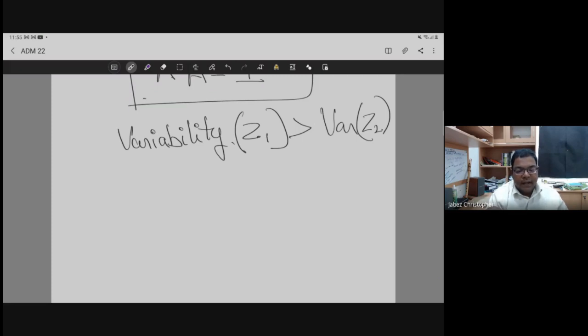When that mean and covariance of the data is not available, we take a sample of the data and calculate the sample mean and sample covariance. When you have huge data, you are not able to calculate the mean and covariance, then you take the sample mean and sample covariance of that data.